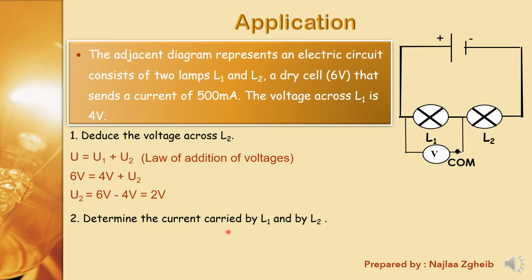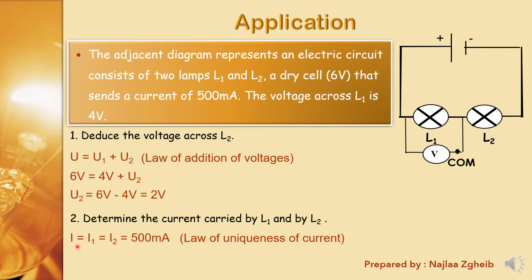Part 2. Determine the current carried by L1 and by L2. They give the current sent by the dry cell as 500 milliampere. So I equals I1 equals I2.